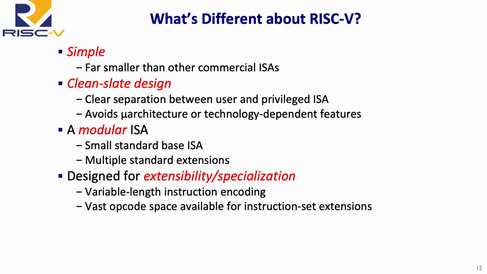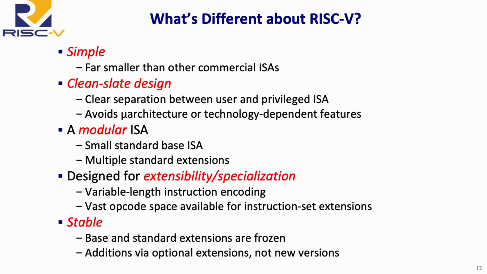There is a variable length instruction encoding, but they make it very simple to decode nonetheless. The base instruction set is 32 bits with a compressed instruction set at 16 bits, and then an option to go for slightly longer instructions. So there's a vast opcode space available for instruction set extensions.